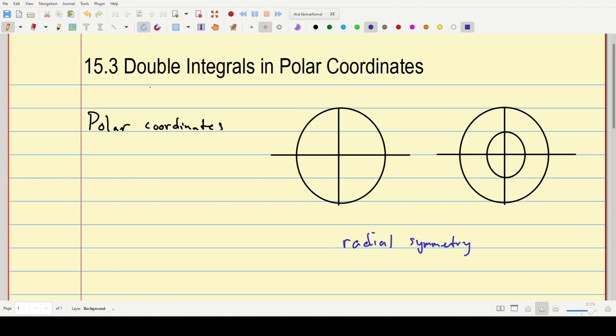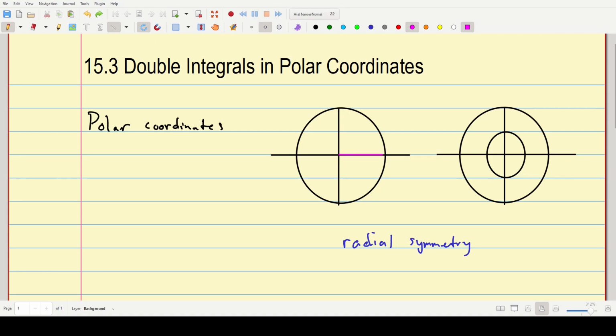And the thing that you should be looking for when it comes to deciding whether or not you should employ polar coordinates, once we have a good idea of what that looks like, is if you can start at the origin, extend a line out from the origin, and then sweep out the shape by rotating that line.